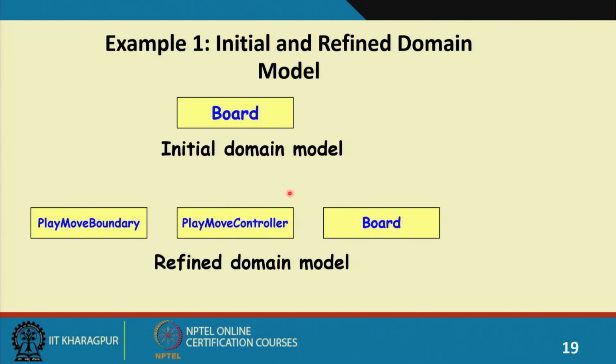So, if we draw this, we will have this board as the only entity class, and we can add the controller and the boundary class. We said that there is only one boundary class and one controller class, and therefore, this is the domain model.